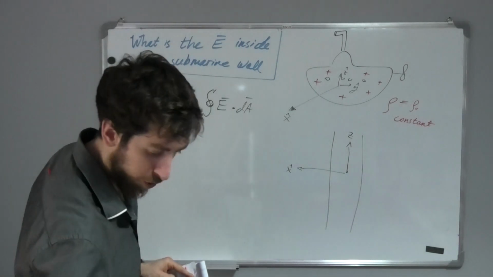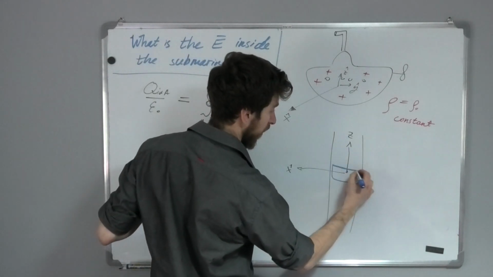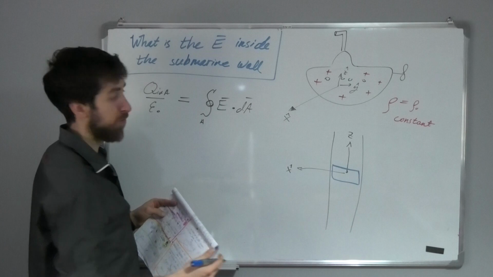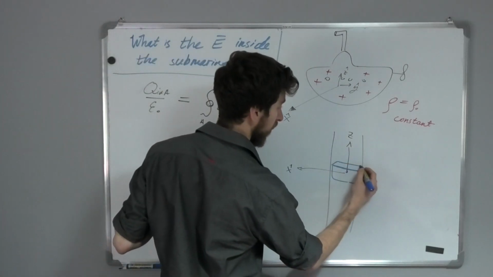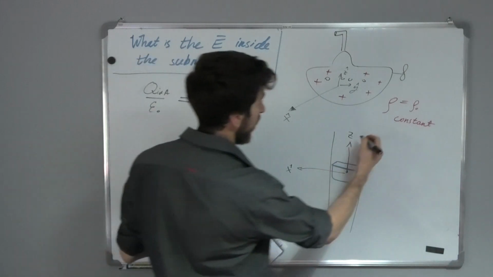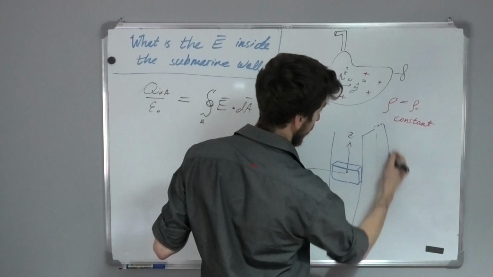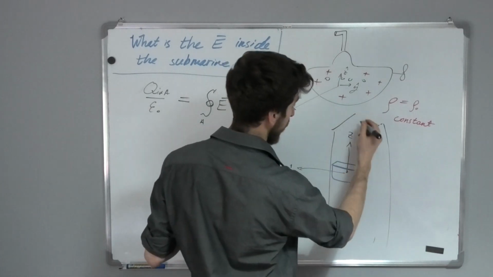So we're going to choose this box to be our volume. Let's give it a three-dimensional look, right? This is the box that I choose, and this is the wall, which is infinite. It continues in this direction as far as I want.